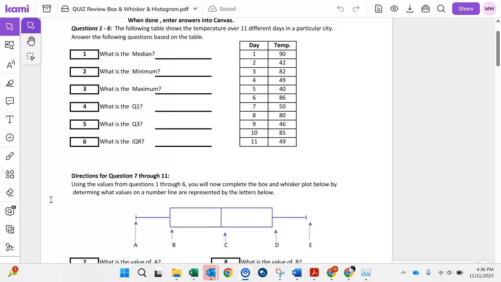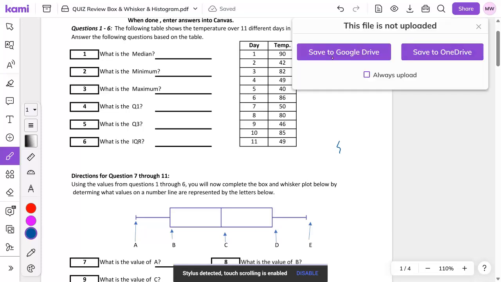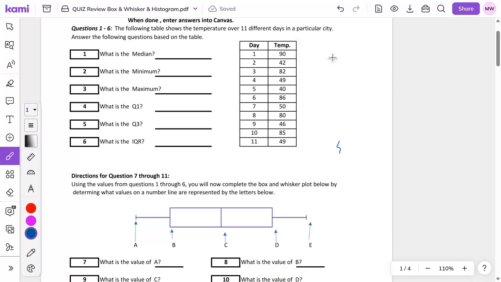All right, so let's see what we got here. See if I can get my pen to work. There we go. Okay, so what's the smallest number? The smallest looks like 42 maybe, no, 40. So smallest is 40, so I'm going to put 40.